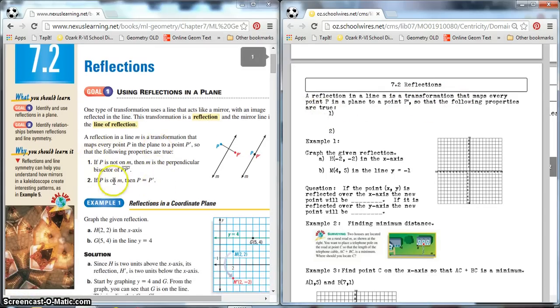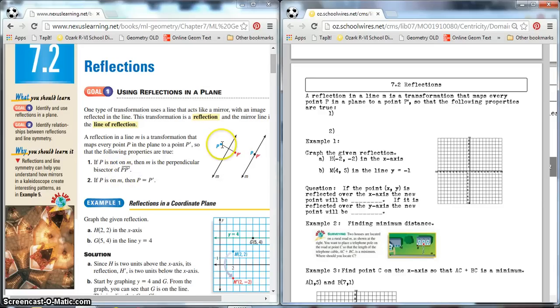And here are your properties. If P is not on M, then M is the perpendicular bisector of P prime. Let me read that again. If P is not on line M, then M is the perpendicular bisector of the line segment from P to P prime.